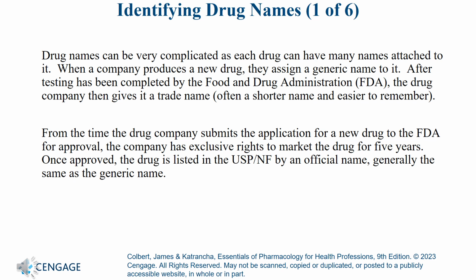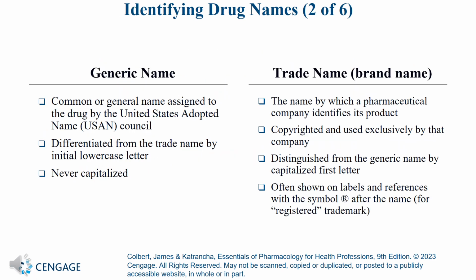From the time that the drug company submits the application for a new drug to the FDA for approval, the company has exclusive rights to market the drug for 5 years. 5 years, guys. Once approved, the drug is listed in the USP/NF by an official name, generally the same name as the generic name.